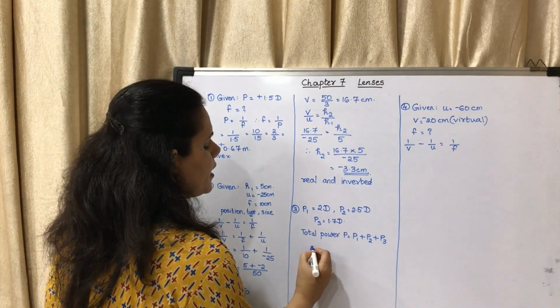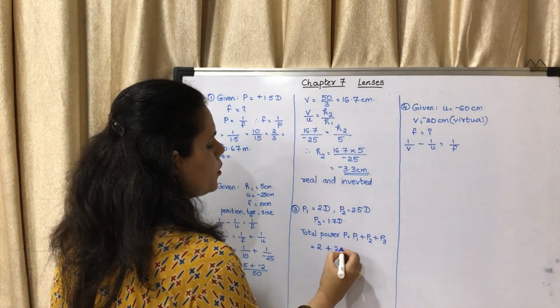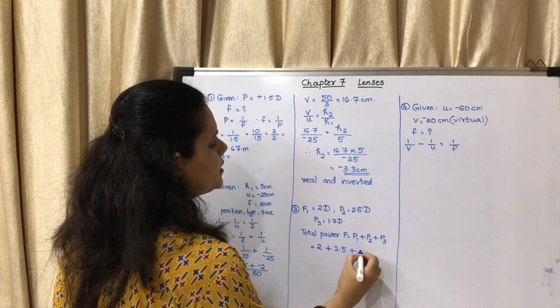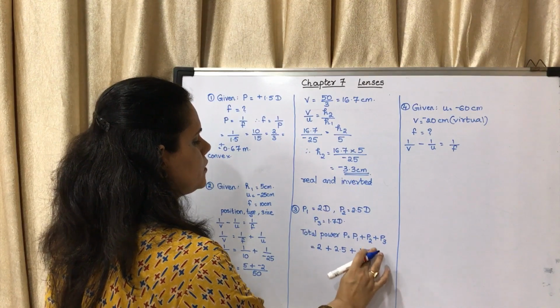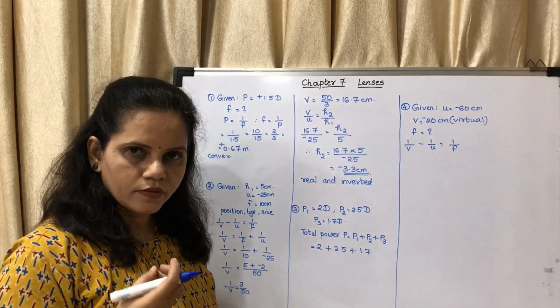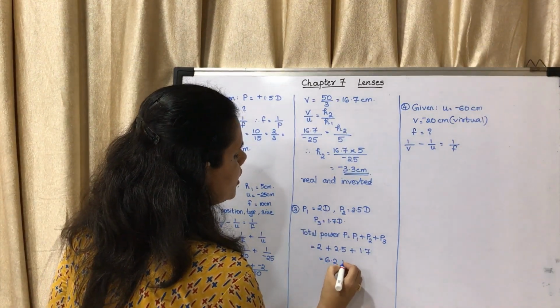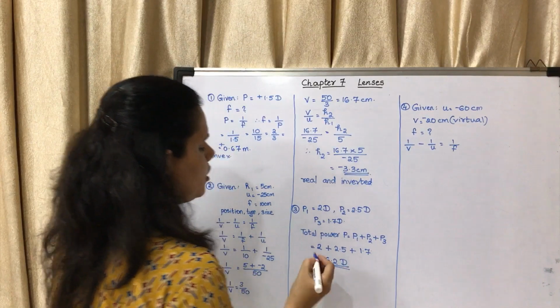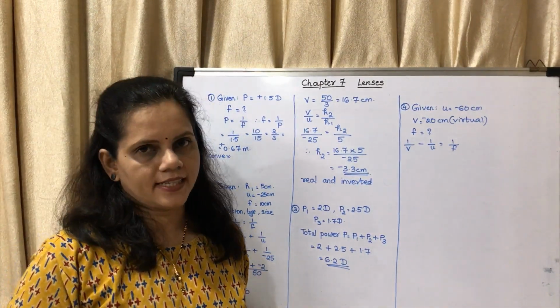So P1 is 2, P2 is 2.5 and P3 is 1.7 D. If you add, you will get 6.2 diopters. Now here that is positive. Positive means it is a convex lens.